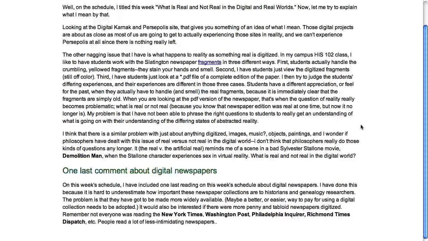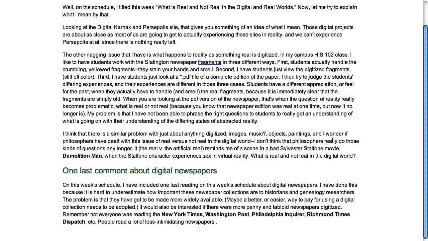And while in this case we're dealing with newspaper fragments, I think there's a similar thing going on with any kind of digital materials. One might say, for example, when you're looking at Seurat's painting of the Grand Jatte in the Chicago Art Institute, the painting is enormous. I don't know if it's 6 feet by 8 feet.